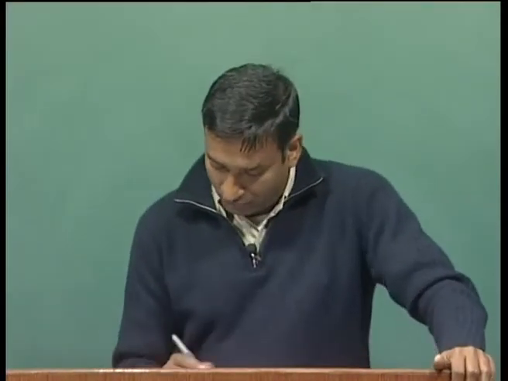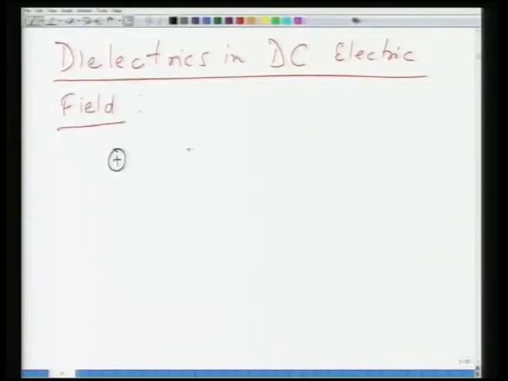So, when you apply electric field, if you have a positive charge and negative charge, they have a separation between them. This is plus q, this is minus q, and the distance between these two charges is, let us say, a distance delta.